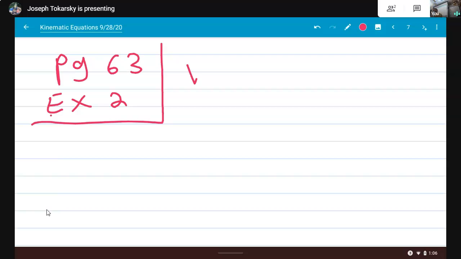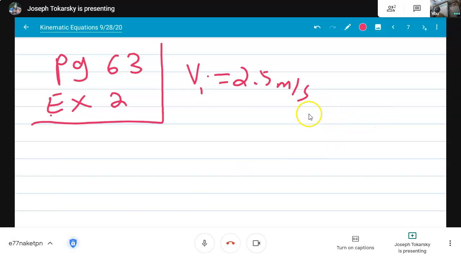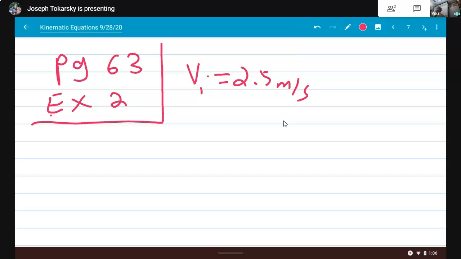VI, that's what we're initially traveling at, right? And know your units well. Somebody better not tell me that's acceleration, because if it was acceleration, what would the units be on it? Not meters per second. Right, so know your units well. You should never make mistakes with that if you remember your units.